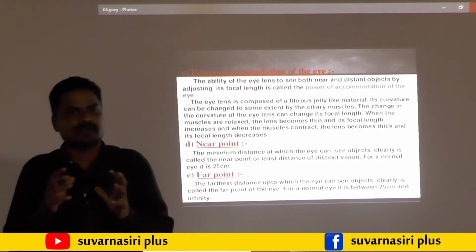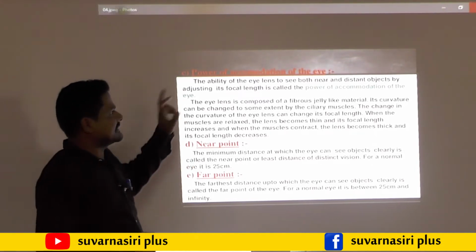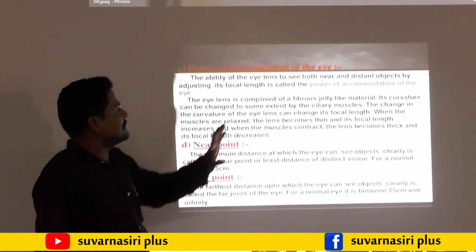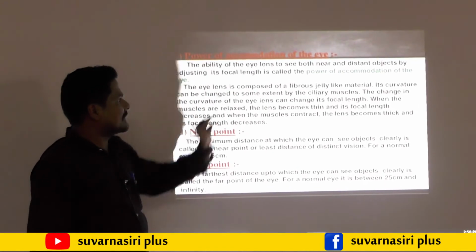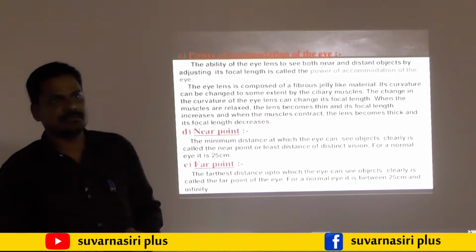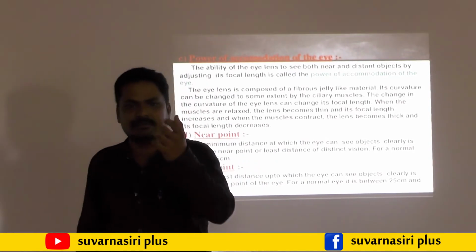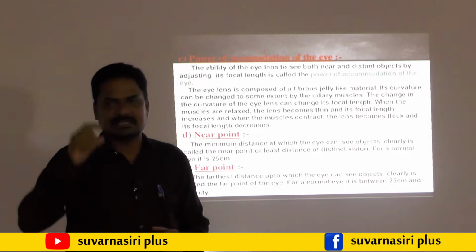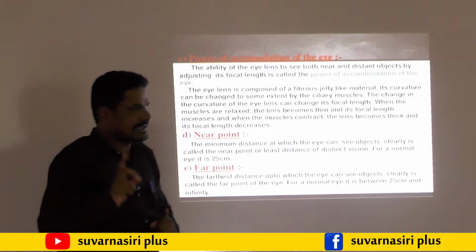Next, power of accommodation of the eye. What is power of accommodation? It is the ability of the eye lens to see both near and distant objects clearly by adjusting the focal length. For example, some people are unable to see far objects, and some people are unable to see near objects. The power of accommodation of the eye gets defective because of weakening of the ciliary muscle.